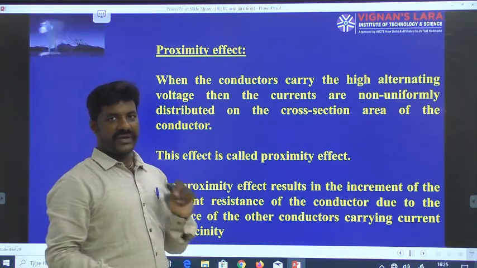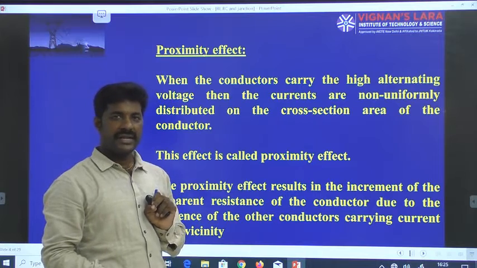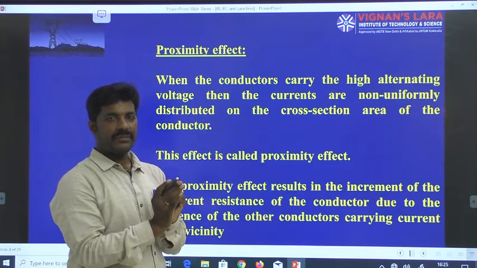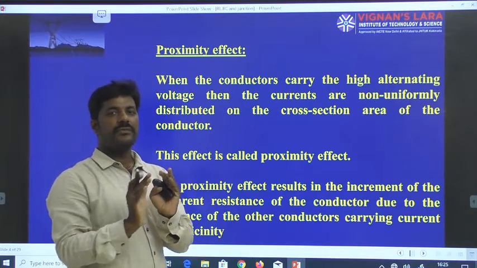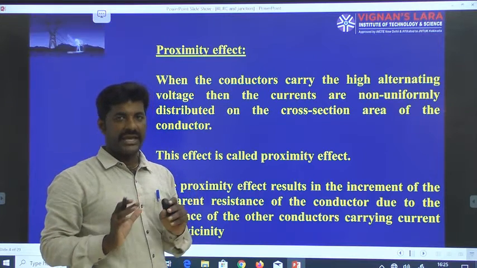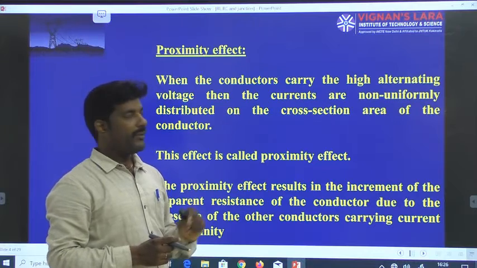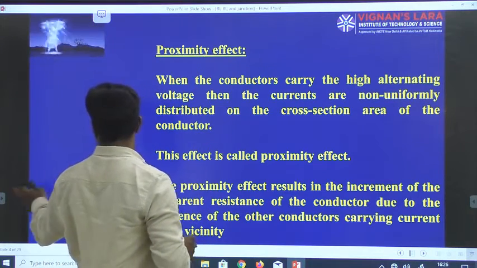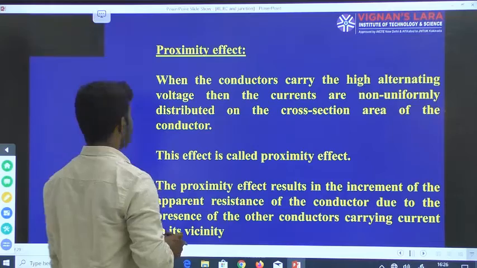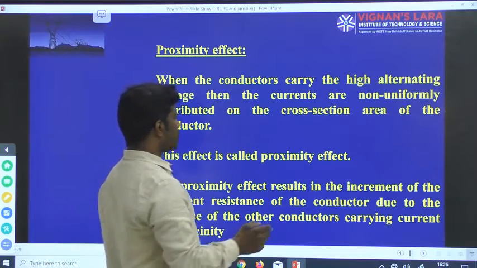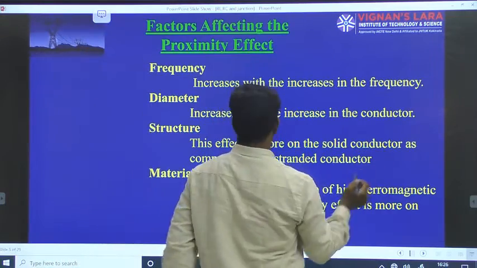Coming to the next effect, called proximity effect. Skin effect means the non-uniform distribution of the current in the cross-sectional area leads to an increment of the overall resistance. Whereas proximity effect is observed in a transmission line carrying 2 conductors side by side.